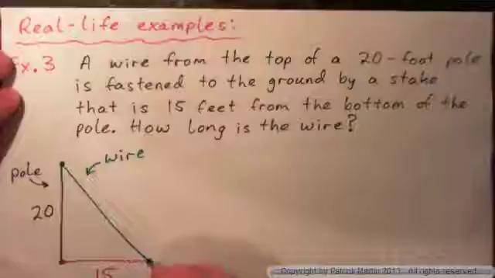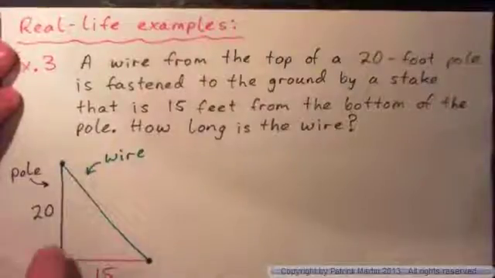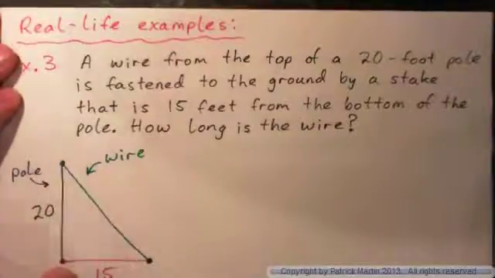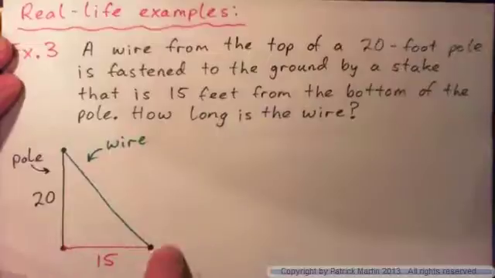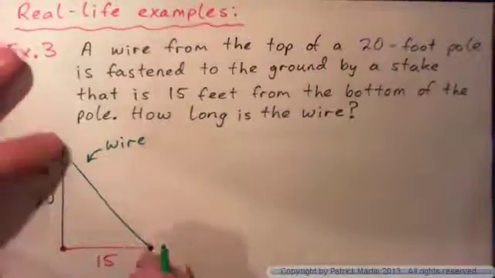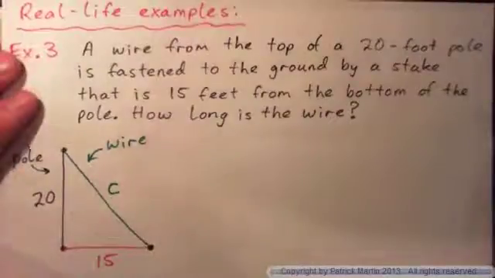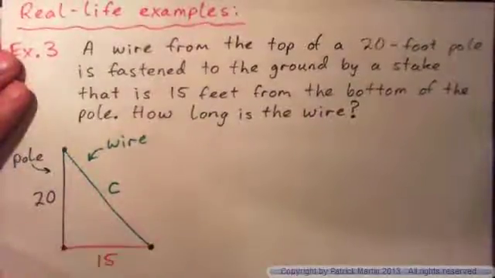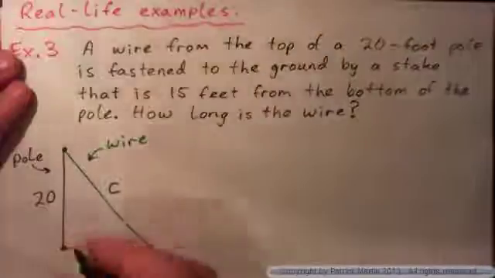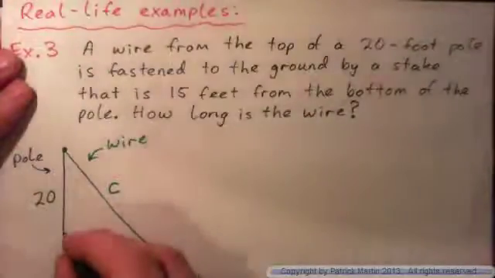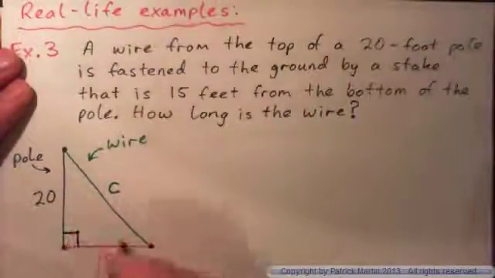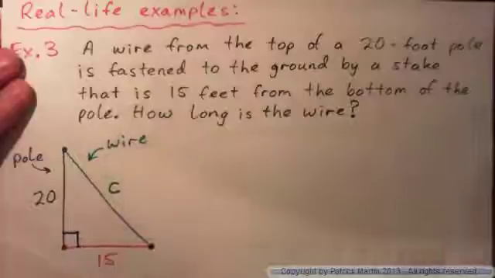Okay, and that goes from here to here. So we know the pole is 20 feet, this is 15 feet. The question is, what is this length here? We'll call that C. Because if the pole is straight up and down, it should be exactly straight up and down, then you have a right angle, don't you? And this is the ground, right?